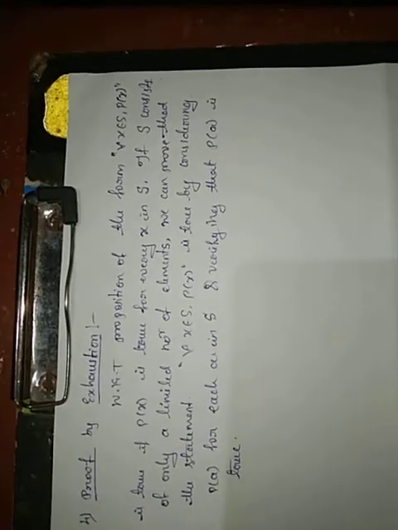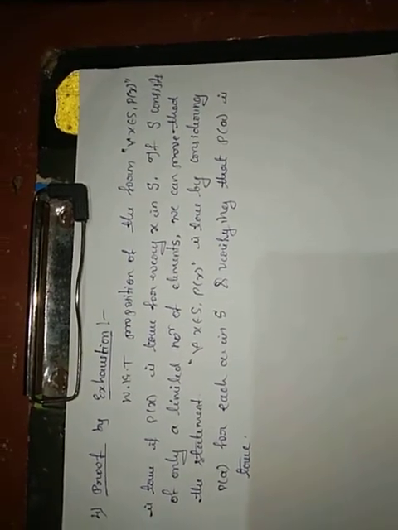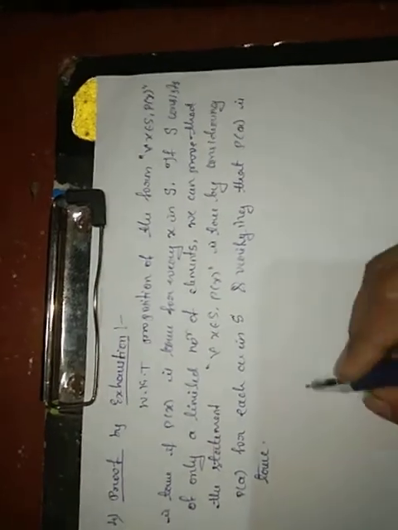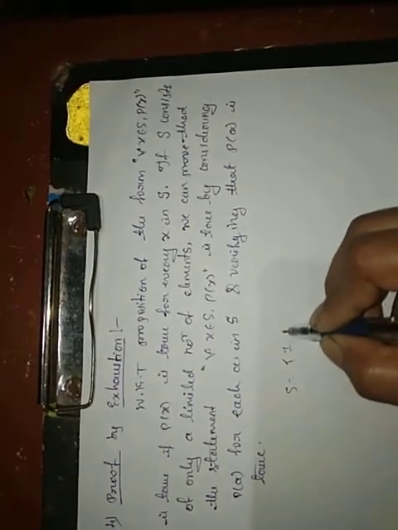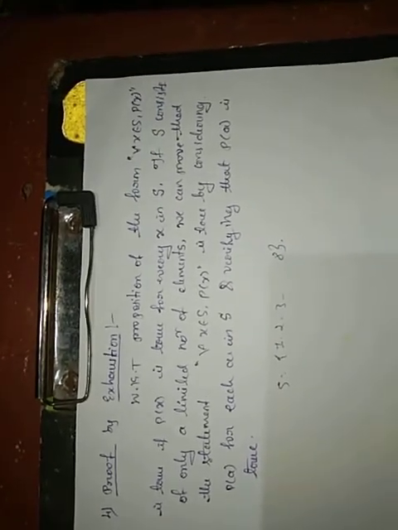Means in this method, suppose we have a proposition of the form for all x belongs to S comma P of x. That indicates P of x will be true for every value of x that belongs to S. Suppose S consists of only a limited, countable number of elements, for example 1, 2, 3, 4, so on, up to 8.